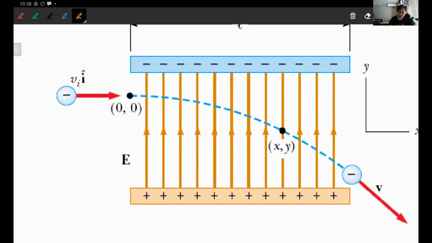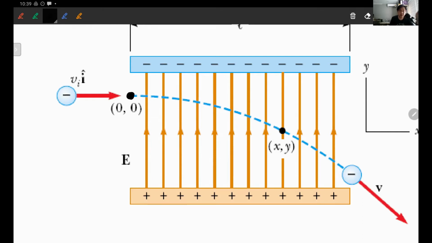This is a good example if you can generate the field, in this case pointing upward. The electric field is pointing upward. And let's say that you shoot in an electron, the black dot here, perpendicular to the field. So initially this electron is running in the horizontal direction. Look at the black dot, the first one on the left.